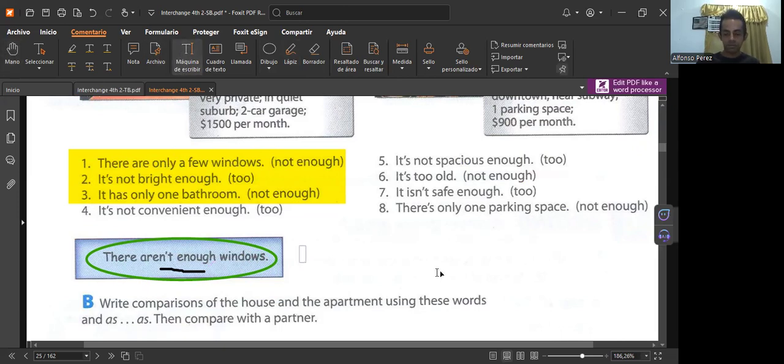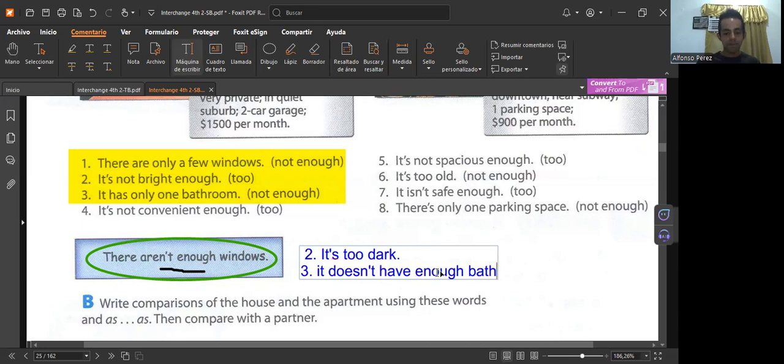Number 2, it's too dark. Number 3, it has only one bedroom. So I say here, it doesn't have enough bathrooms.